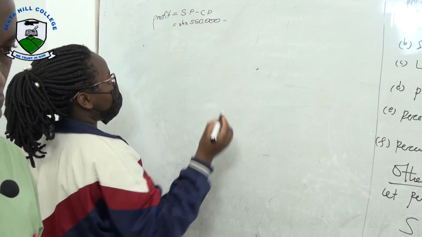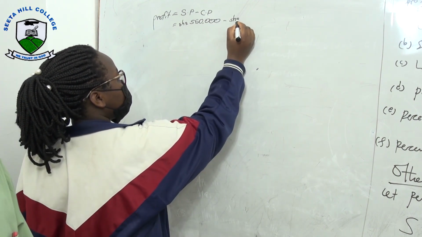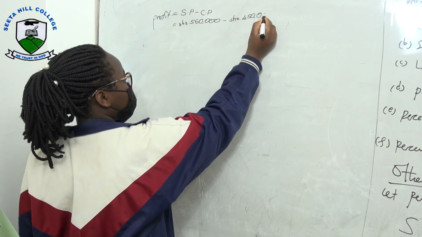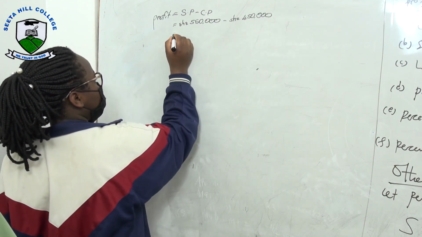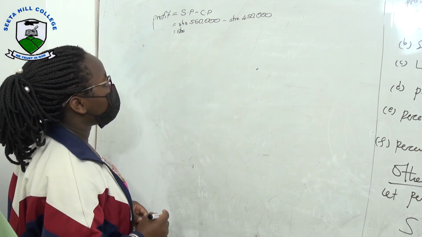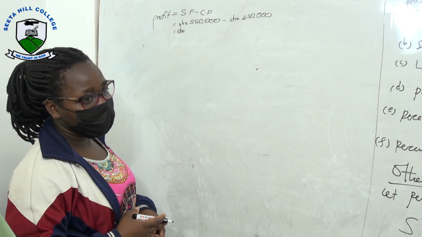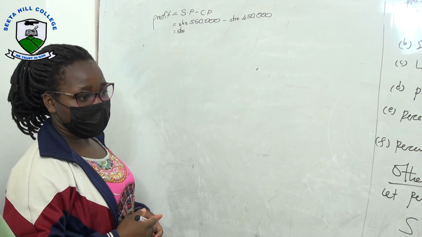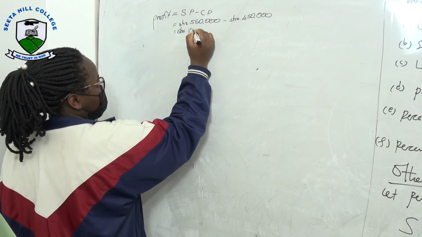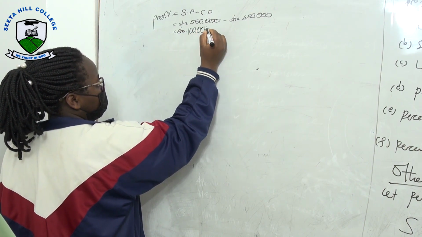And then the cost price? 450,000 shillings. So as the profit, you'll subtract 550,000 shillings minus 450,000 shillings, giving us 100,000 shillings.